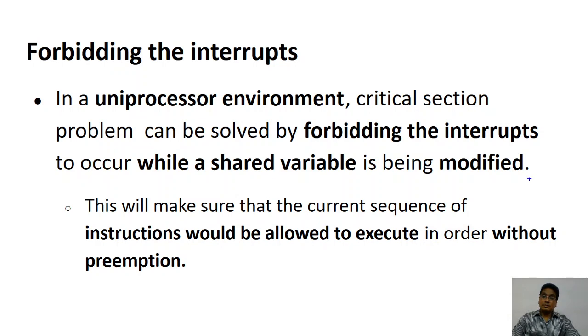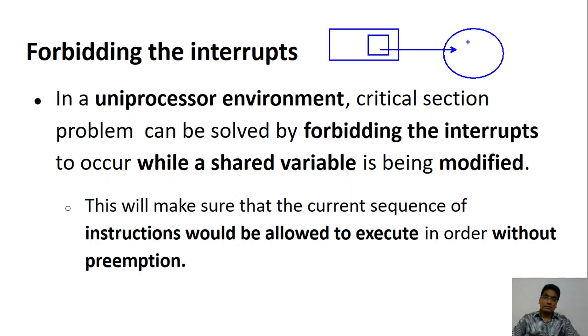Let's consider a process, and let's assume that there is a CPU, and this process is executing something, and now at a particular point this process is entering the critical section. By the way, what is the meaning of critical section? It is trying to access a shared resource, in particular a shared variable.